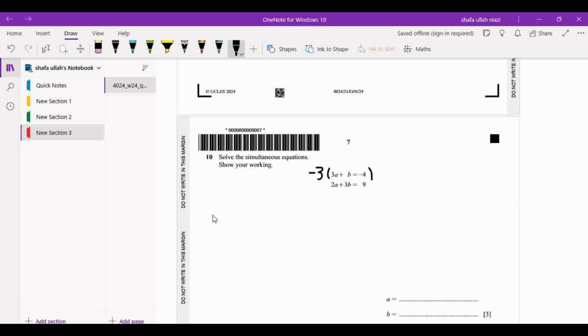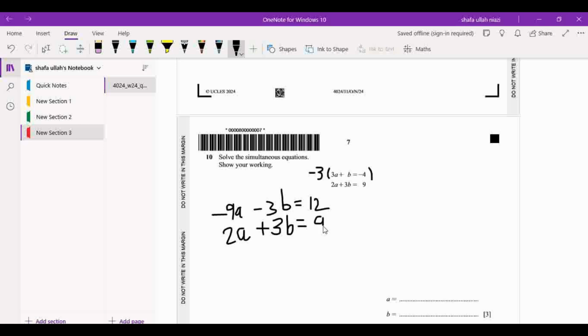You get -9a - 3b = 12, and the second equation stays as it is: 2a + 3b = 9.